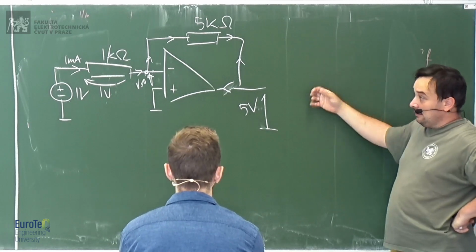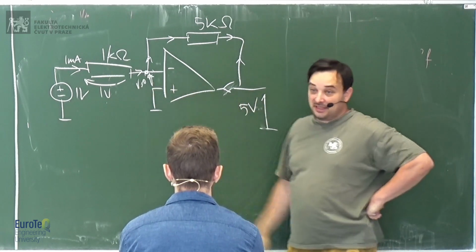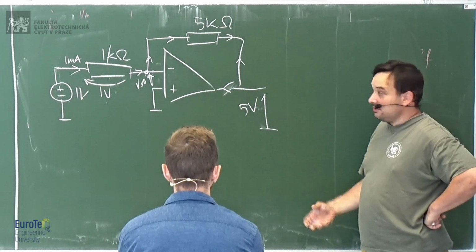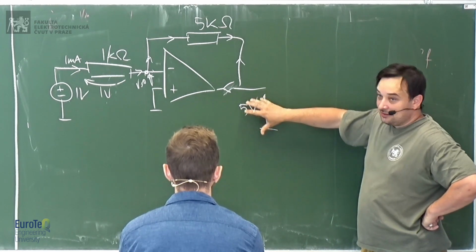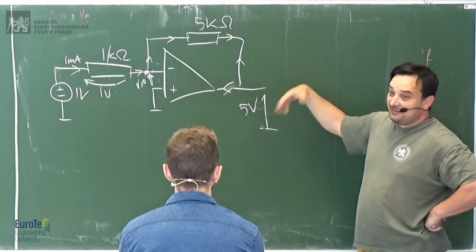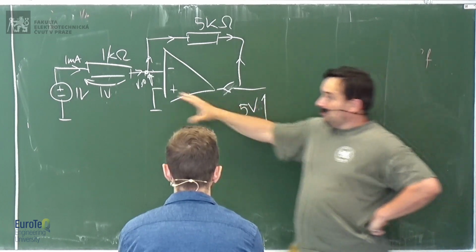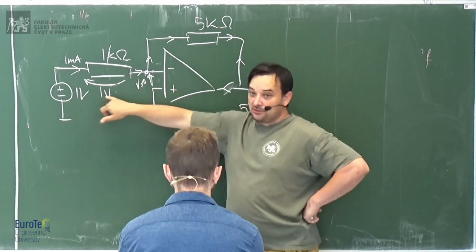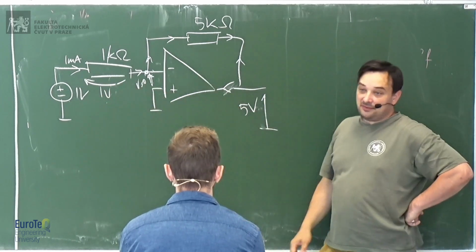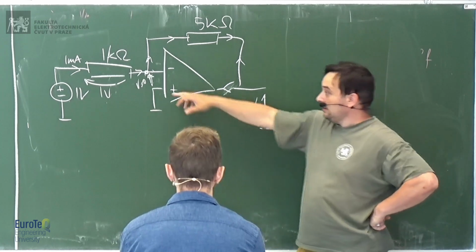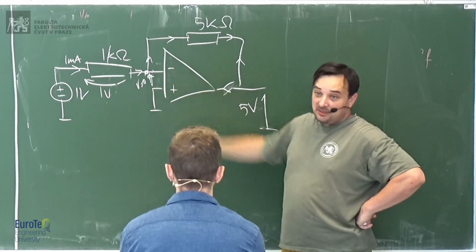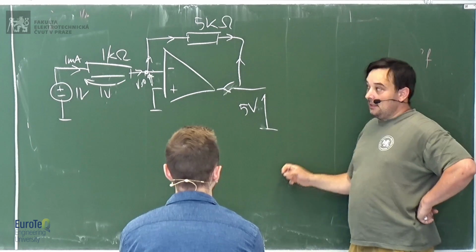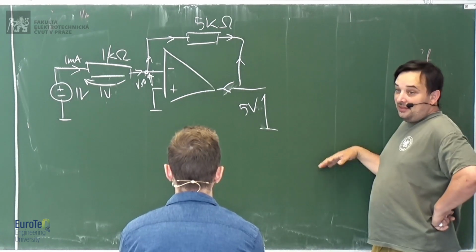So again, the op-amp is feeling some voltage, and it will adjust the output until the resulting current will make a voltage drop equal to the voltage source, and then the difference of potential between the terminals will be 0. Okay? Cool. And this is everything.